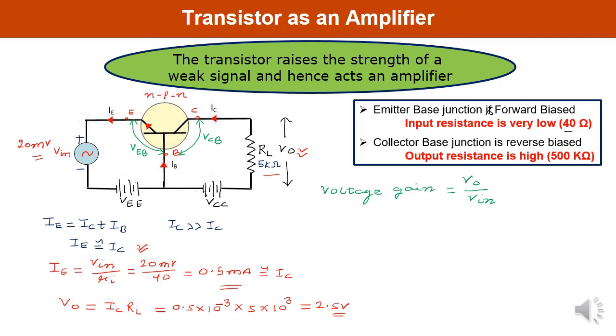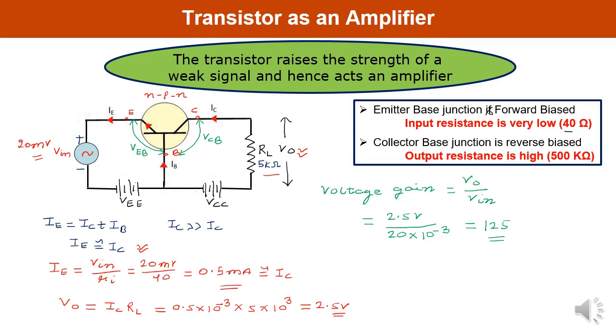Voltage gain is also known as voltage amplification of the amplifier. Here you have calculated VO, substituted, this is nothing but 2.5 volt. V in is given, which is 20 millivolt, that is 20 into 10 raised to the power minus 3. So what is the value of gain? The value of gain you are getting is 125.